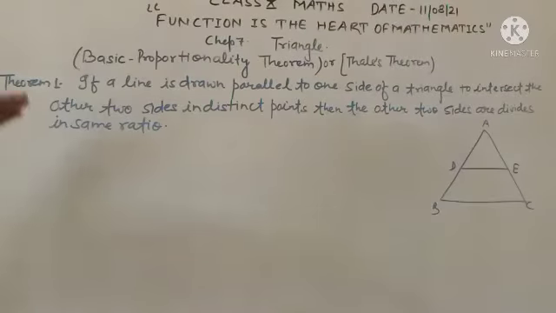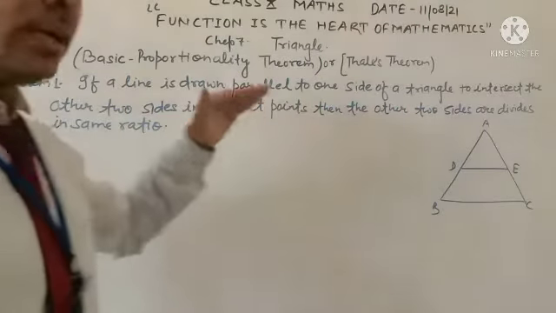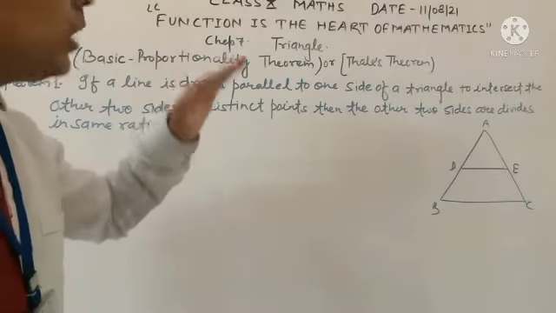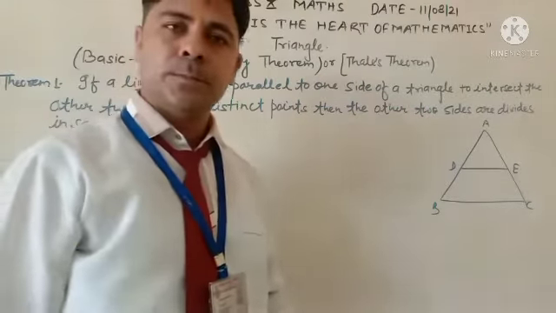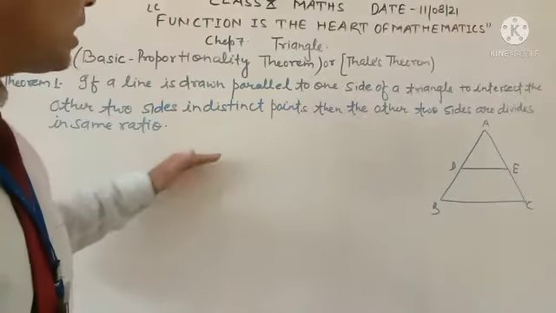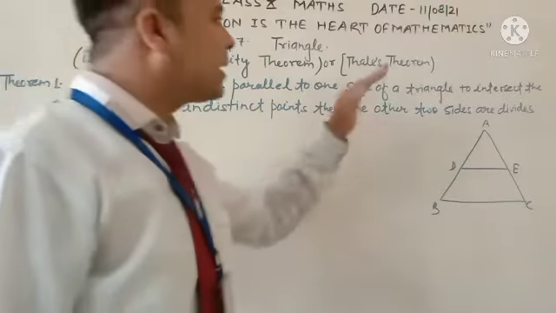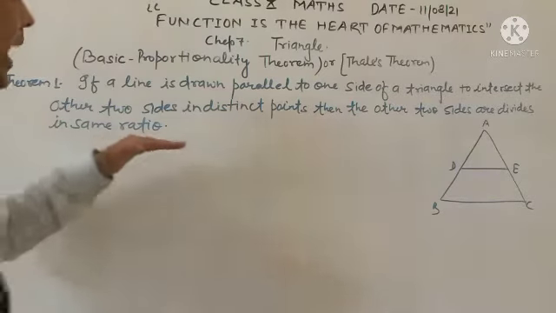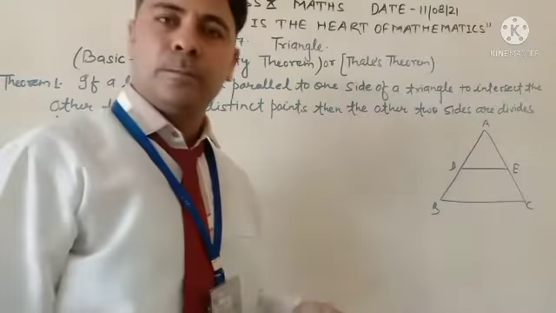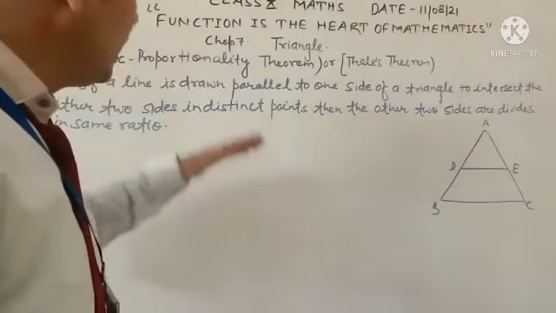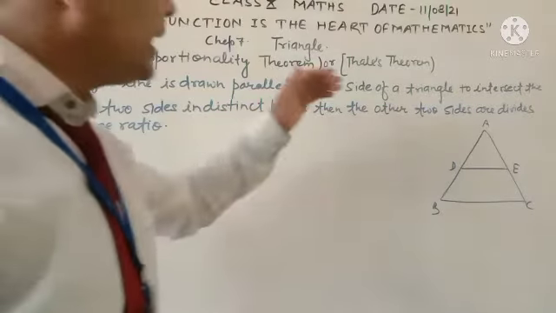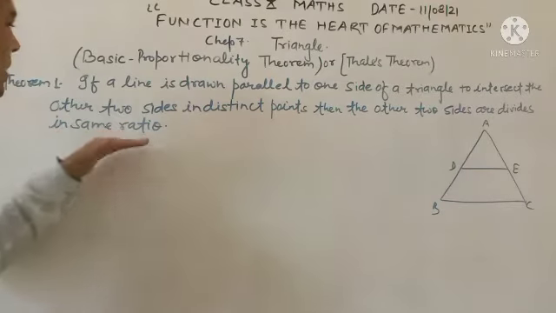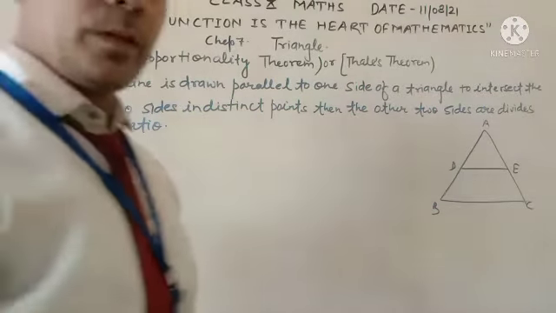If a line is drawn parallel to one side of a triangle to intersect the other two sides in distinct points, then the other two sides are divided in the same ratio.